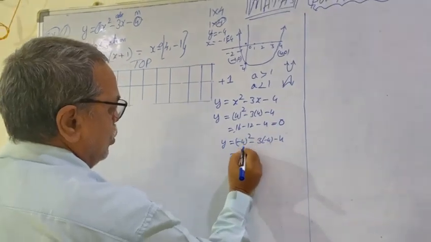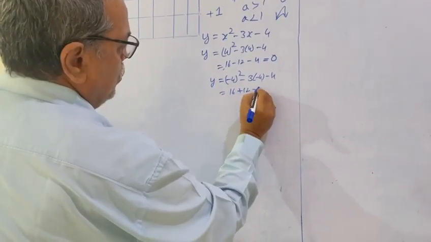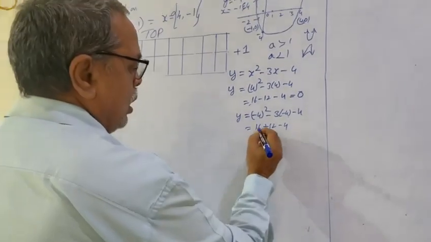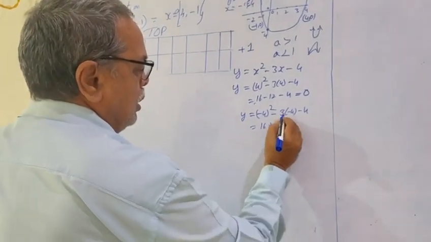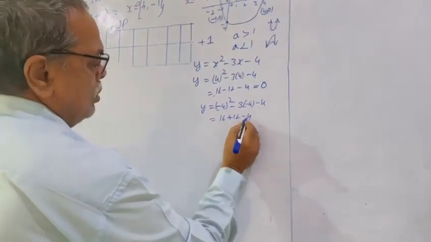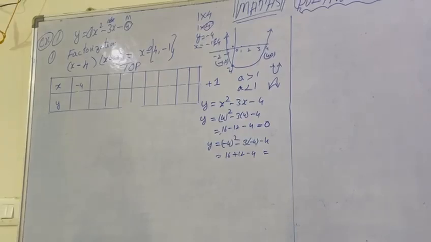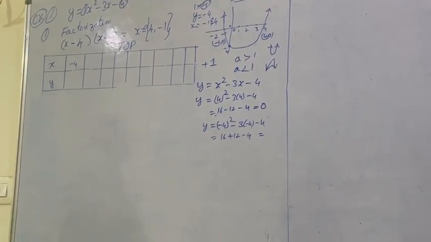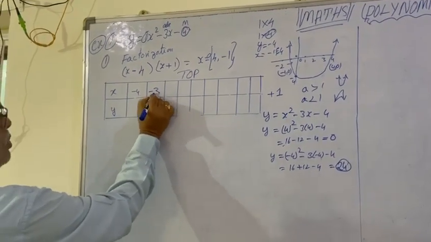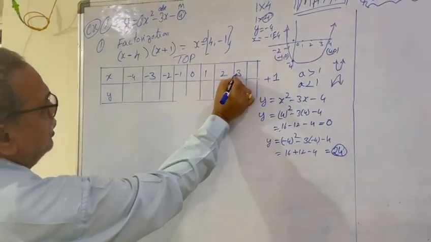What is this? 4 4s are 16, minus into minus plus 12, minus 4. 16 plus 12 minus 4. How much? Minus 4, minus 3, minus 2, minus 1, 0, 1, 2, 3, 4.